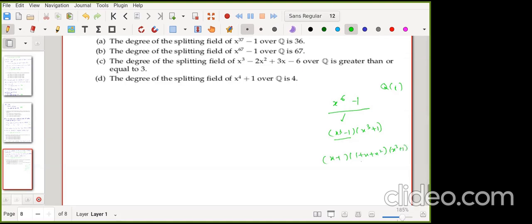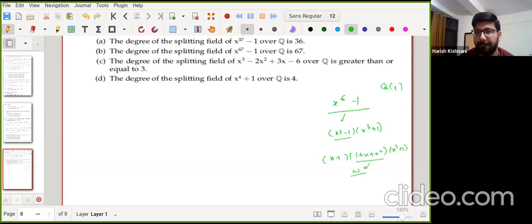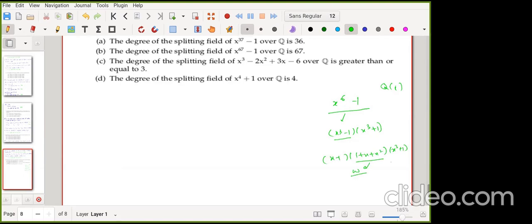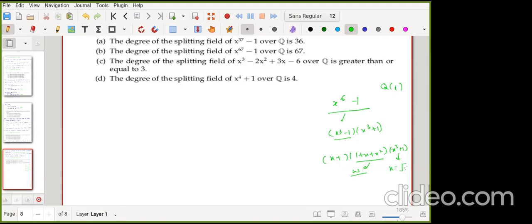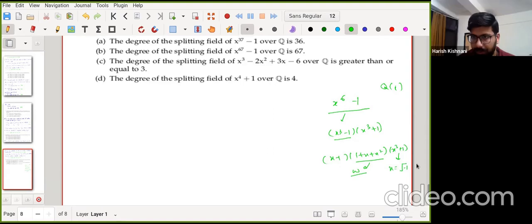So from here you will get omega, and from here you will get x equal to the cube root of minus 1.